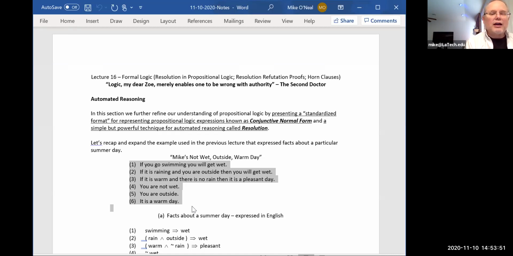Well, that doesn't look like I've said anything false, but if you think through the statements, you can see that if I'm not wet, then I can't also be swimming, because rule 1, if you go swimming, you will get wet, and swimming implies that you are wet. But 4 said you're not wet.